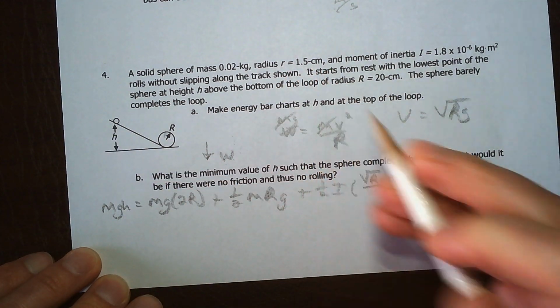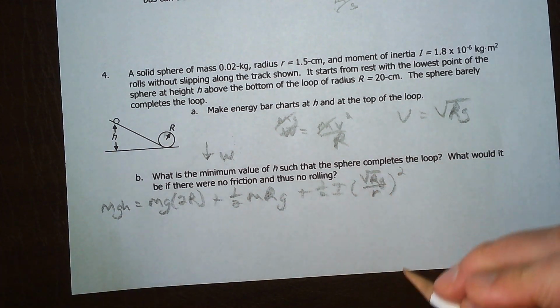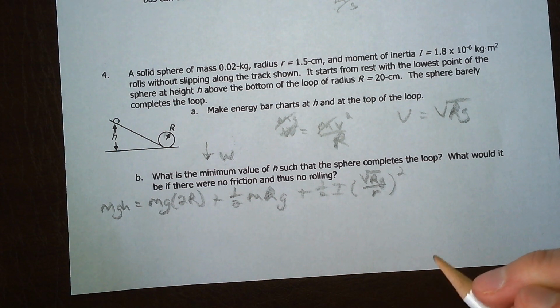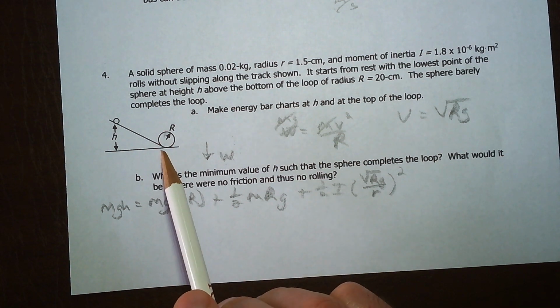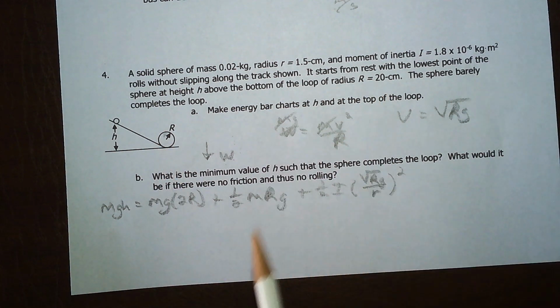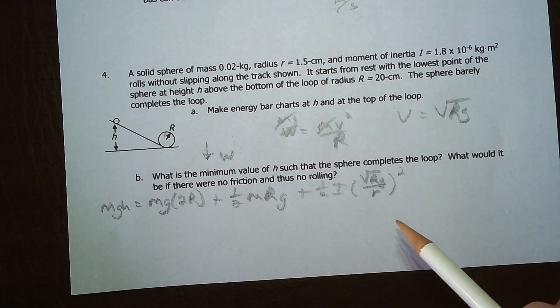Be careful because that says centimeters, so I'm going to use a little r for that. So we know the mass, we know g, we know the radius of the loop, I think, somewhere. Yes, it has to be in meters, by the way. We know I. And so that means you can solve for h.